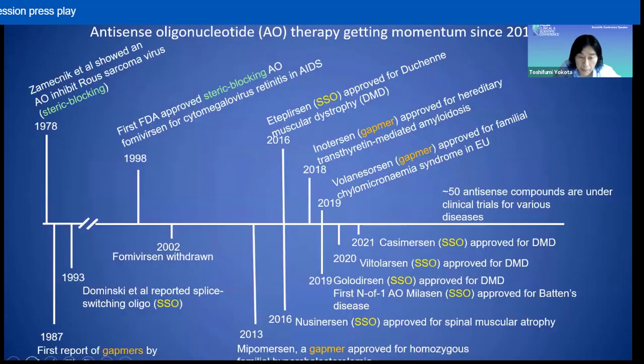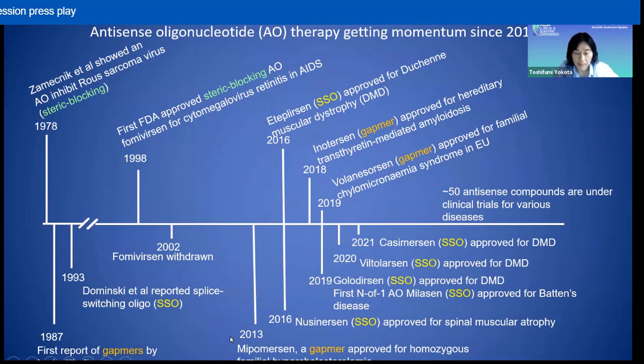In the next slide, this is a bit of the history of antisense therapy. The overall concept of antisense therapy was discovered and developed in the 1970s, and gapmers and splice switching antisense oligos were all developed in the 1980s and 90s. So it's not a very new approach, but these gapmers and splice switching oligos are really used quite recently for rare diseases.